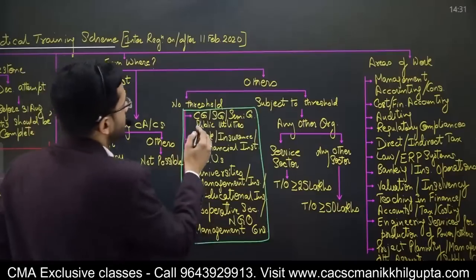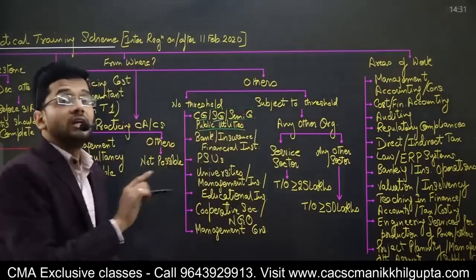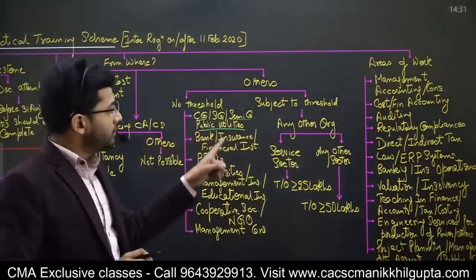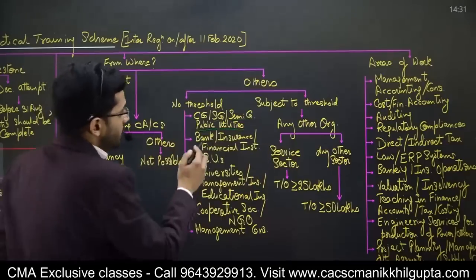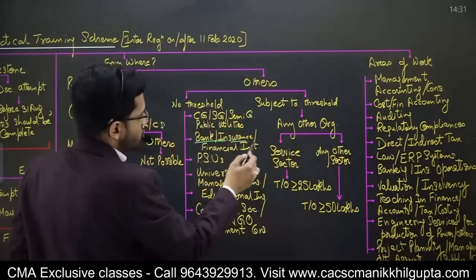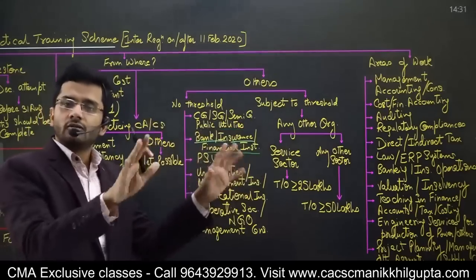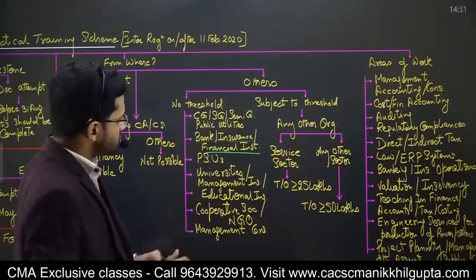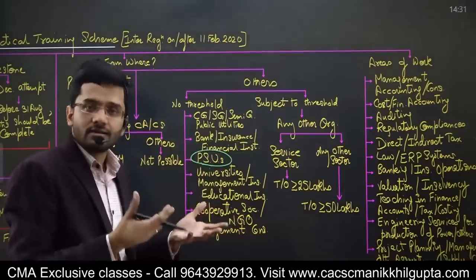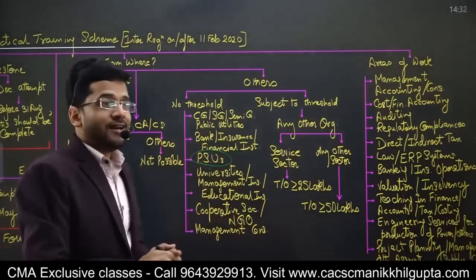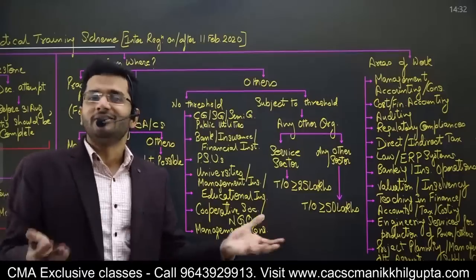What are these organizations? If you work with central government, state government, semi-government, or public utilities. So if you are working under any governmental organization, then you will be given credit for your articleship. You can do your articleship from a bank, insurance company, or a financial institution. No turnover limit prescribed. Bank, insurance, financial institution, public sector undertakings like Maharatnas, Navratnas, and yes, a CMA student always dreams of working with PSUs, and if you get through a PSU, it will be a dream come true.